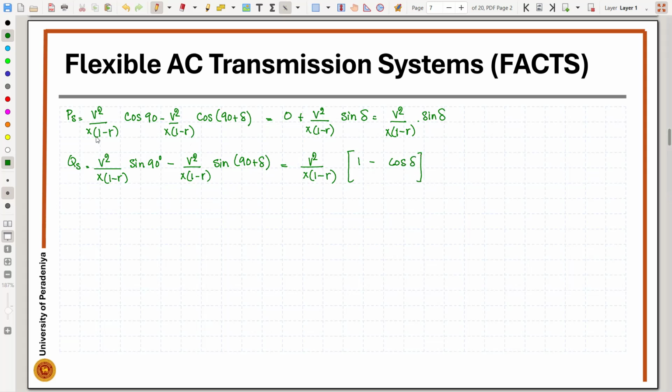So this is the active power and this is the reactive power that we are going to get.